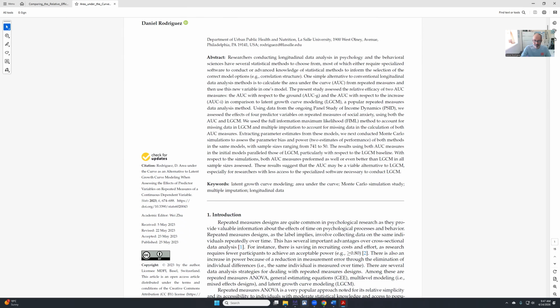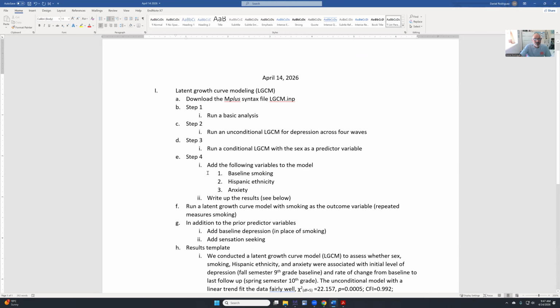We're going to first do it with a continuous outcome variable. Mplus, as I mentioned last week, has a free download if you're interested that allows you to model 6 dependent variables. So that would be more than enough to run what we're doing here.